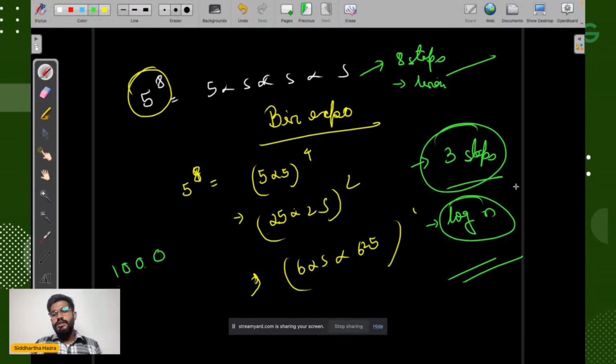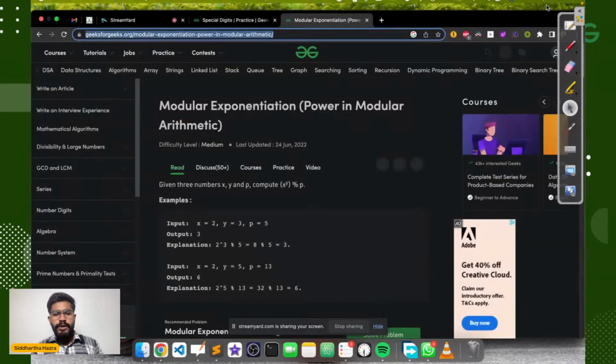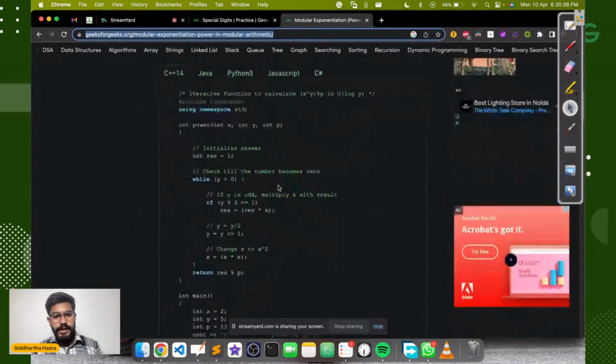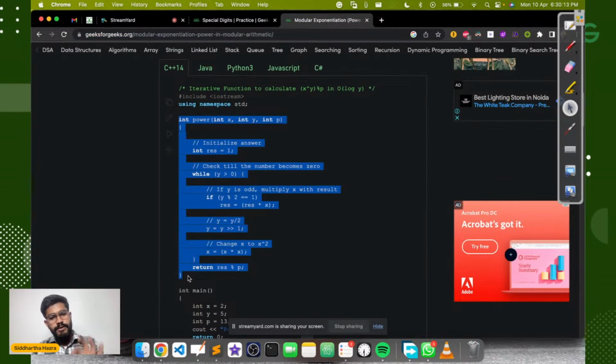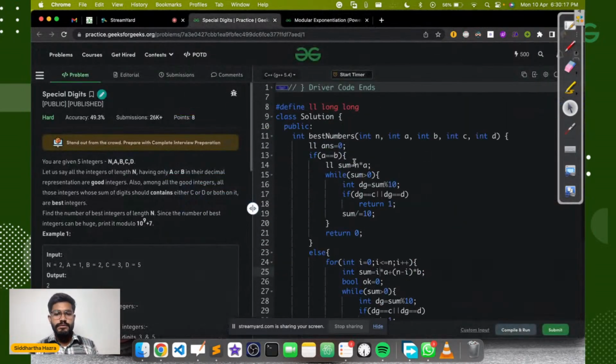That is, not set bits, the power of 2. And this would be the value required. You can learn more about how we are doing this from this. So I would just be copying this and writing the same thing here. So am I clear till this point?